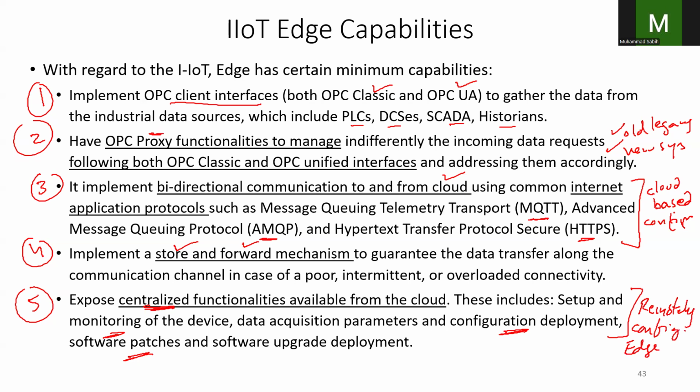So these capabilities make any edge device a smart bridge between the factories. Before the edge device makes a factory smart, the edge itself should be smart enough.